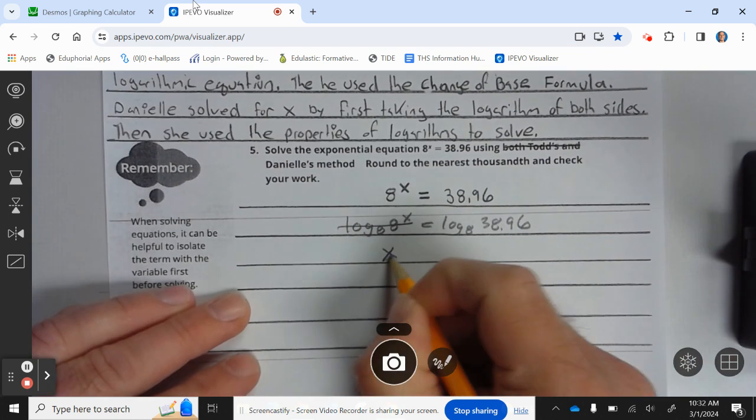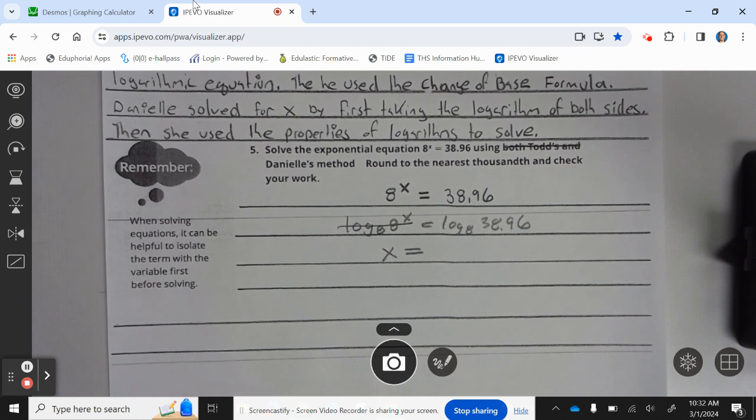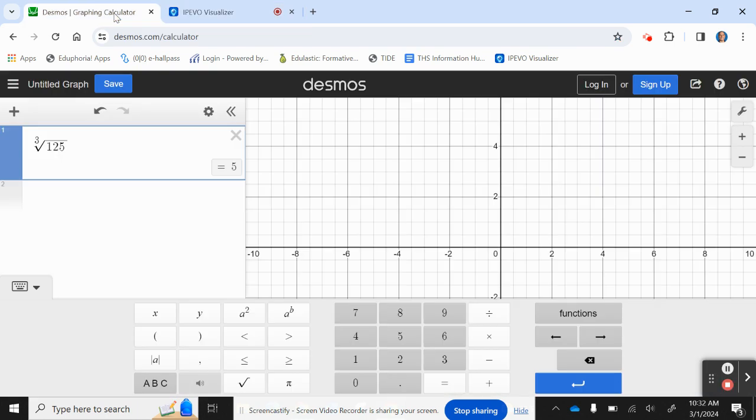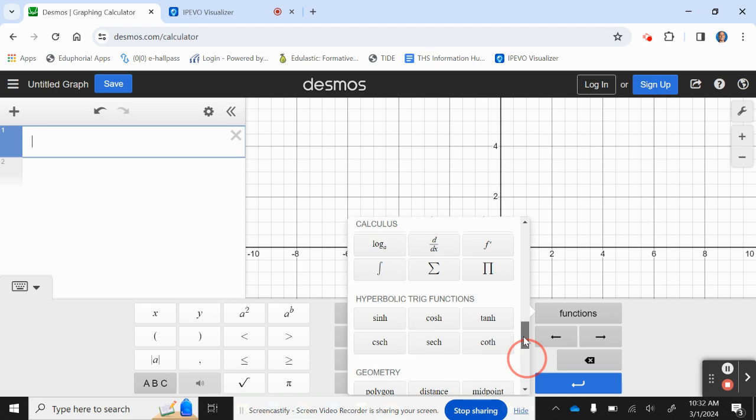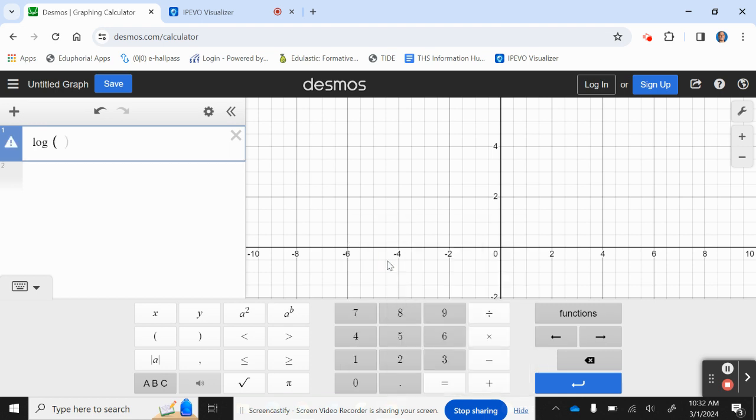You're left with x equals log base 8 of 38.96. So then x equals 1.761.